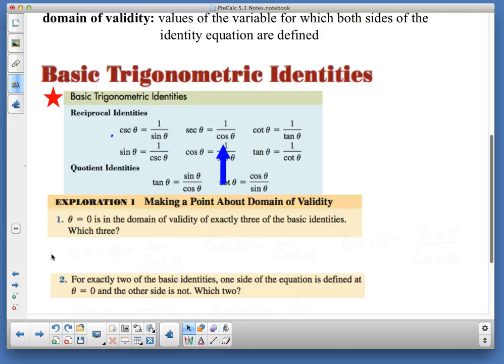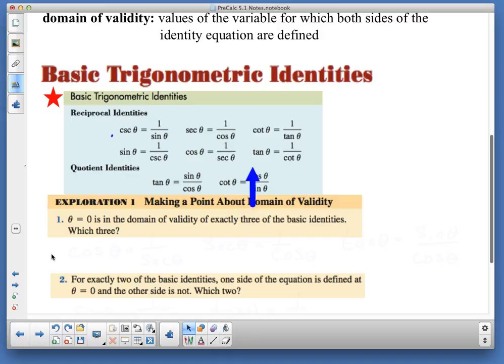Okay, secant, cosecant. When I'm talking about 0, the cosecant of 0 is undefined, because I'm dividing 1 by 0. The sine and cosecant, same reason. I can't do it. But the cosine of 0 is 1, and the secant of 0 is 1, so that works.